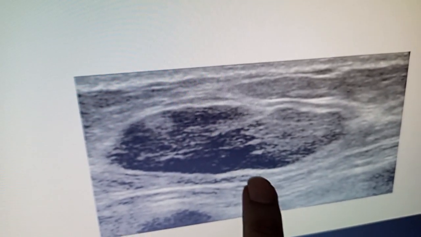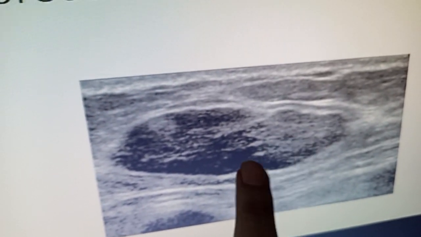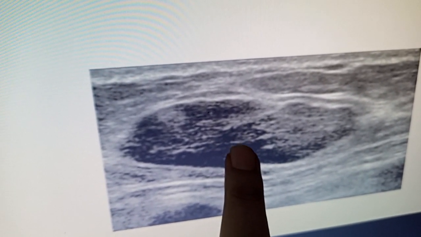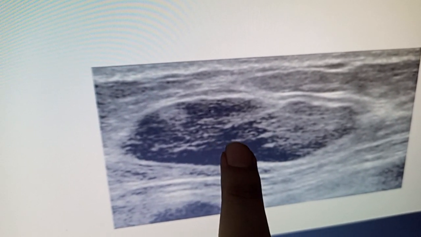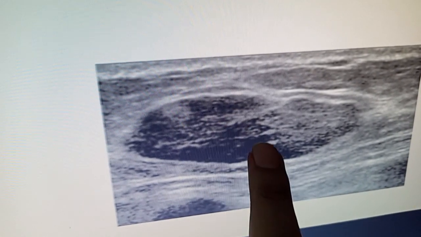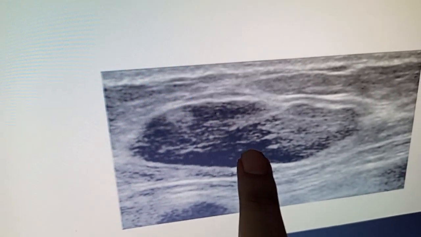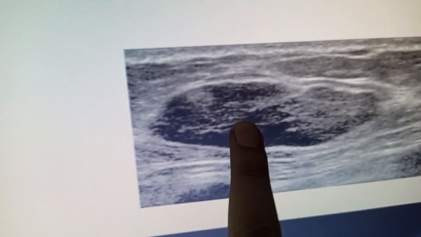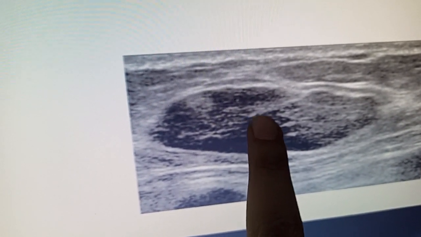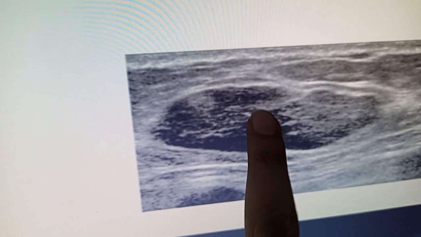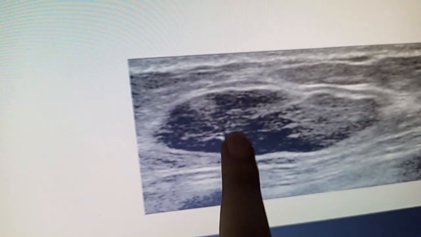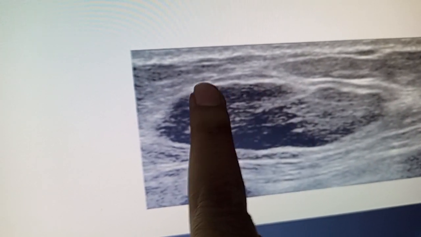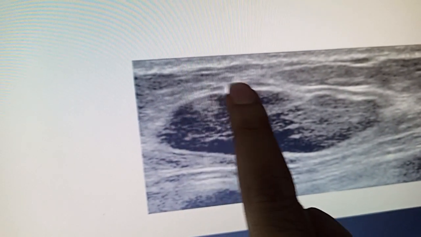The benign feature of any mass on the ultrasound is that it is wider than tall. Mostly, whenever there is a benign mass on the ultrasound of the breast, it will be wider than tall, while the malignant mass is always taller than wide, and malignant masses have an irregular wall, while the benign has a smooth wall.